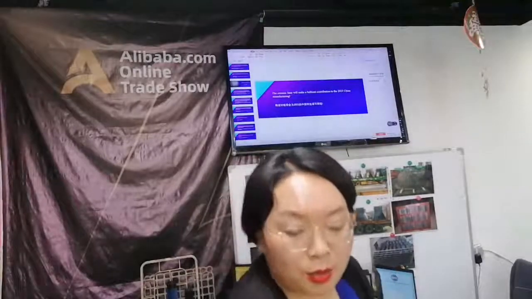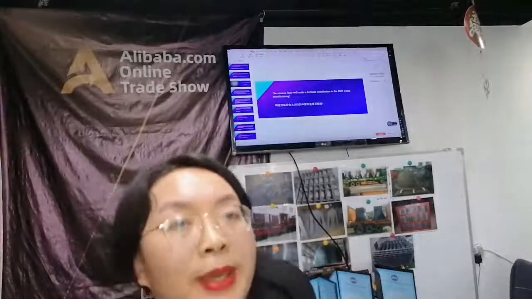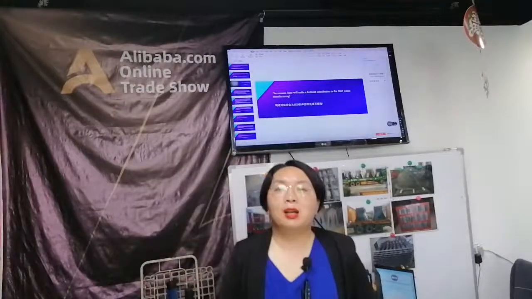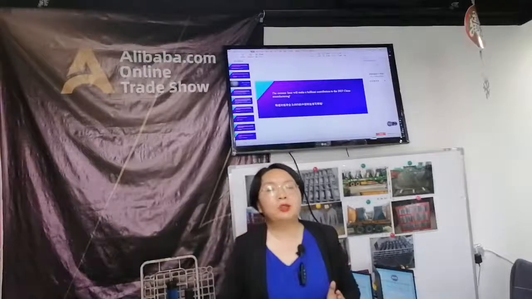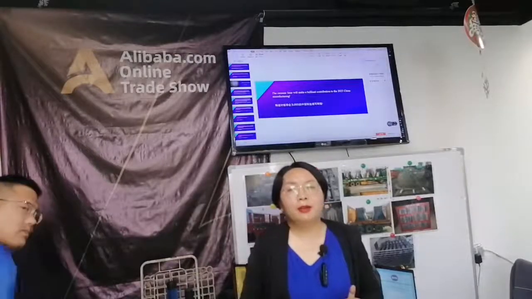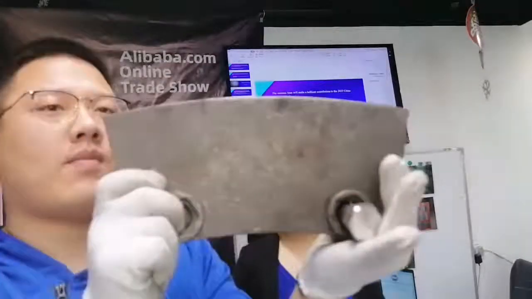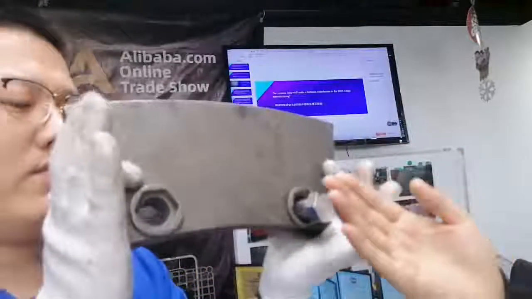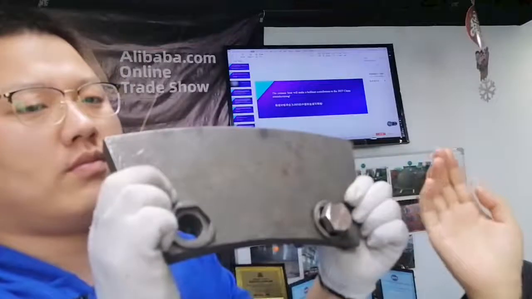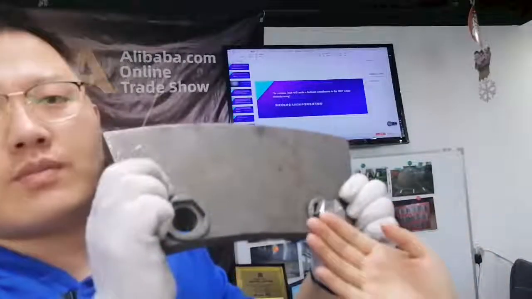So today we bring a sample of metal parts here. So you can see this is the blade. This is the current design.